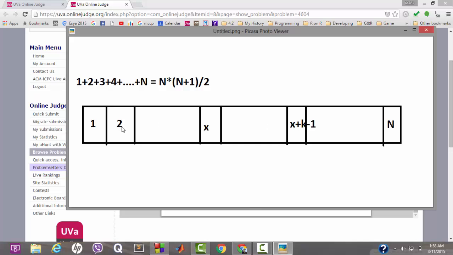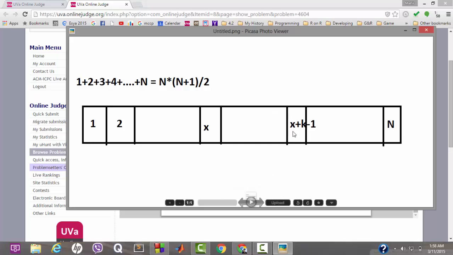What we will do is find the summation of 1 to x plus k minus 1, then subtract the summation of 1 to x minus 1 from that. That way we will get the summation of x to x plus k minus 1.